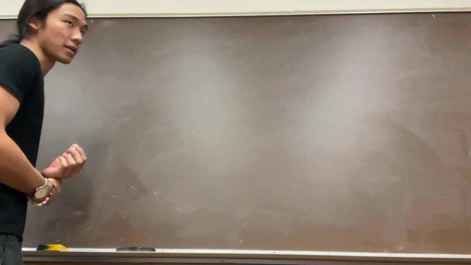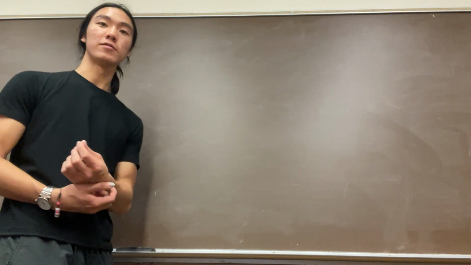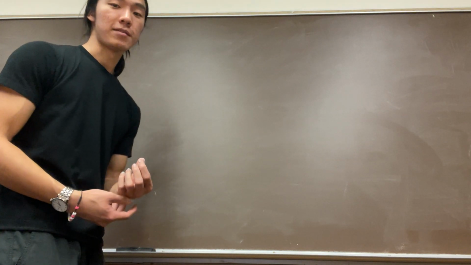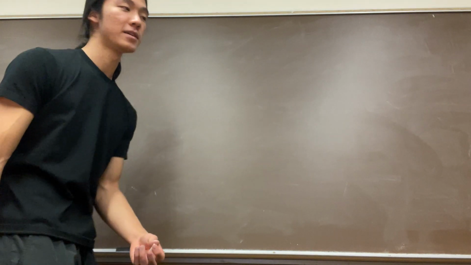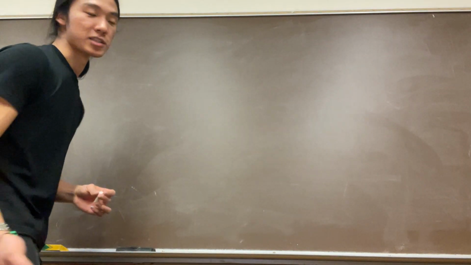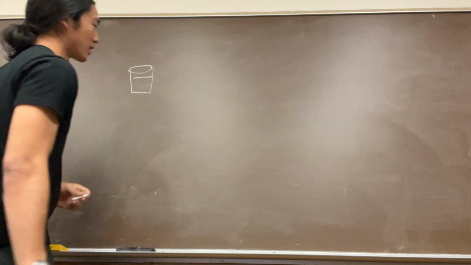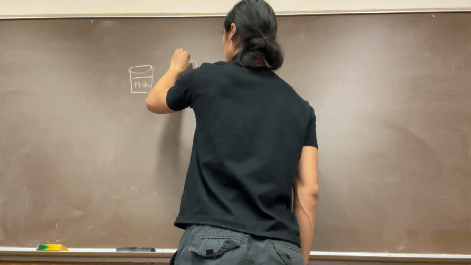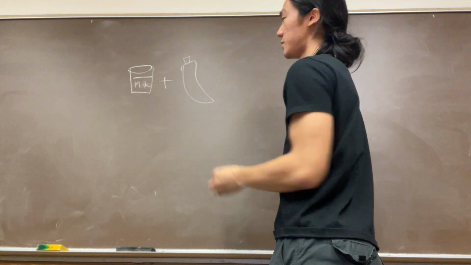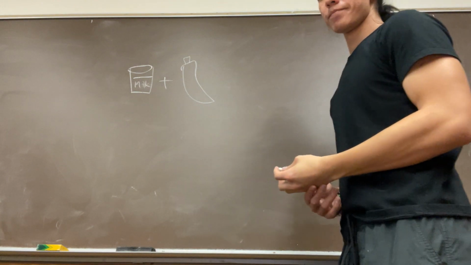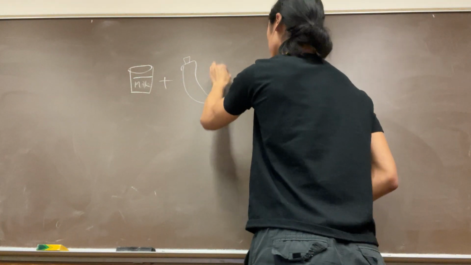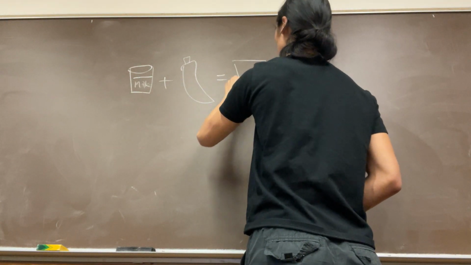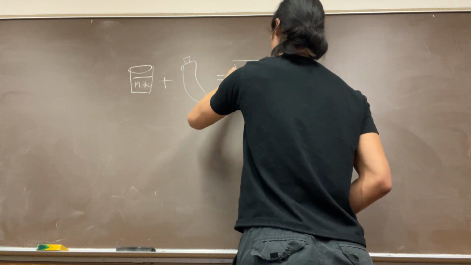You can think of it on a small level: instead of thinking you need 15 grams of a banana, let's say, to make your ideal banana shake, you need a cup of milk plus a banana, and this gives you 1 banana shake.